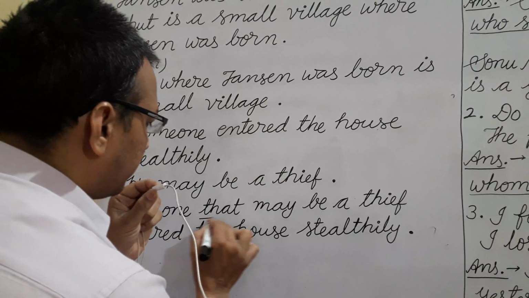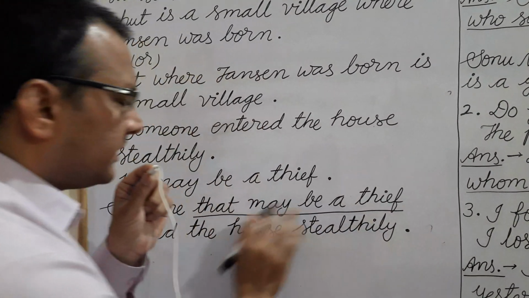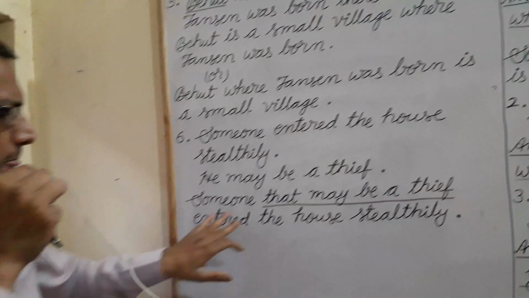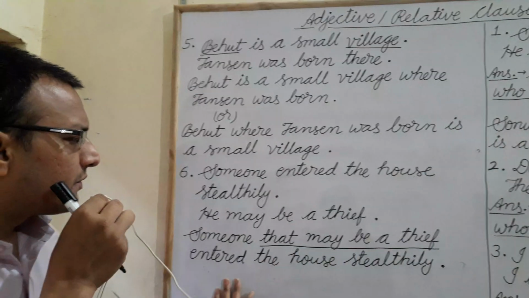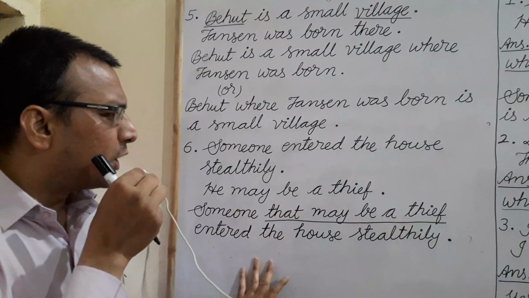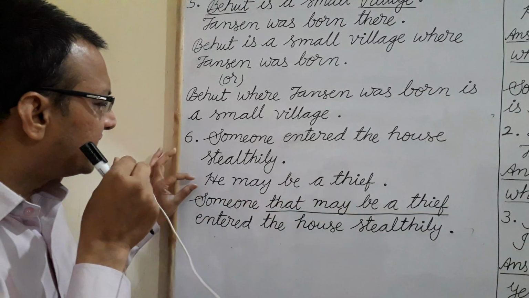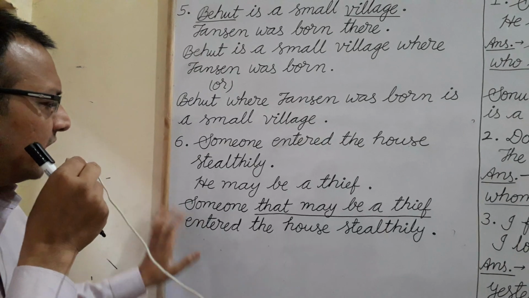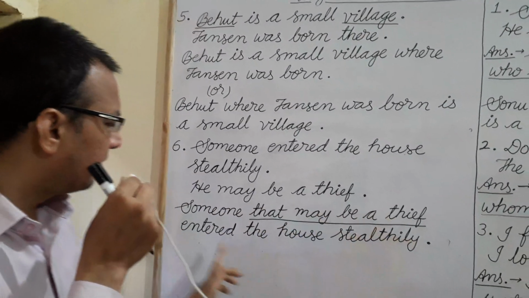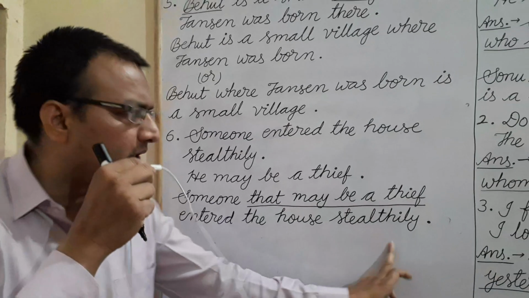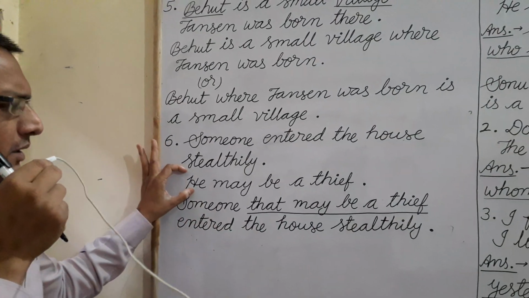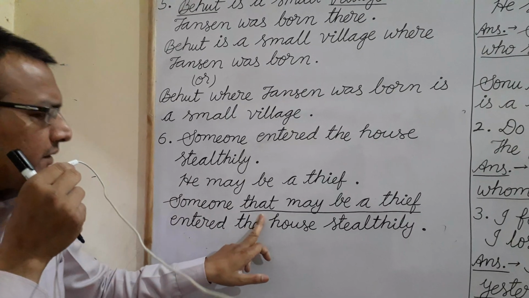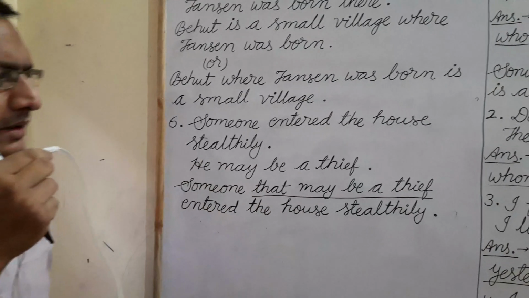So, that may be a thief, this portion is adjective clause, and it is put just after someone because he may be a thief. This sentence qualifies the word someone. So the answer will be someone that may be a thief entered the house stealthily. We have removed the word he because that has been used in place of he.